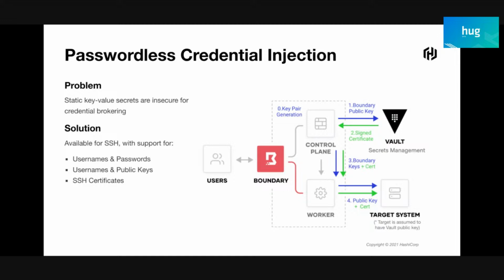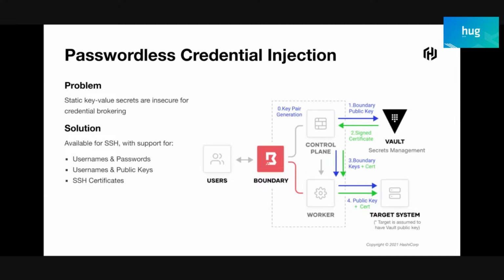Boundary automatically retrieves credentials from a credential store and securely passes them to a worker for authentication with the target machine. Crucially, these credentials remain hidden from end users, which eliminates the risk of unauthorized access.